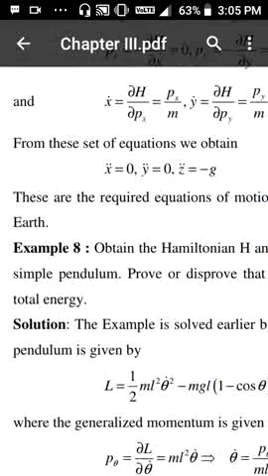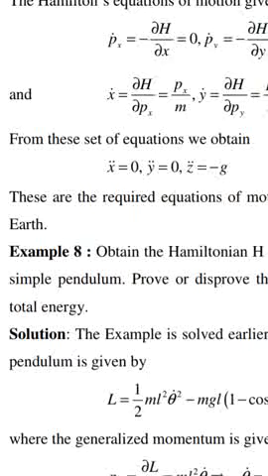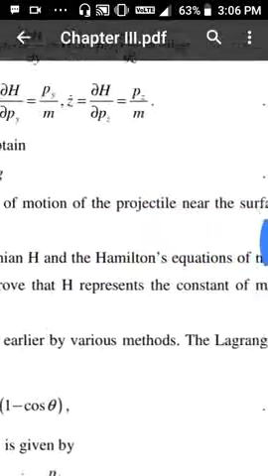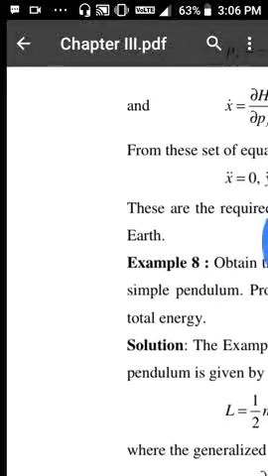From this set of equations we obtain x double dot is equal to 0, y double dot is equal to 0, z double dot is equal to minus g. These are the required equations of motion of the projectile near the surface of the earth.